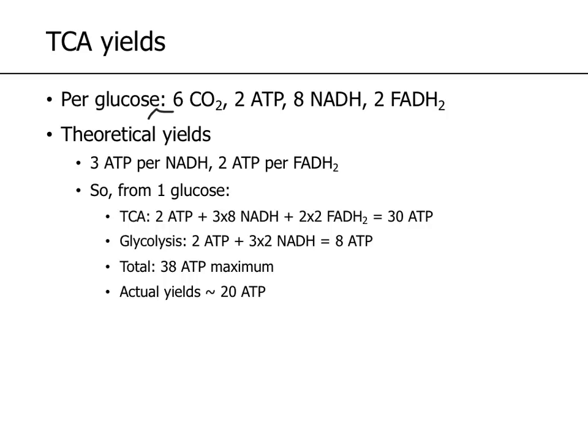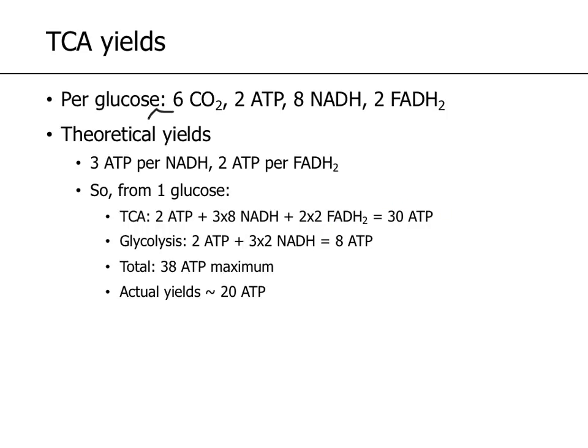Theoretical yields of how this happens: for each, you get theoretically 3 ATP per NADH and 2 ATP per FADH2. So from one glucose, just for the TCA cycle itself, you get 2 ATP out of the cycle itself. You get 3 ATP per 8 NADH, and then 2 ATP per 2 FADH2.